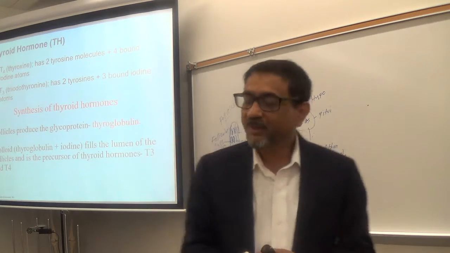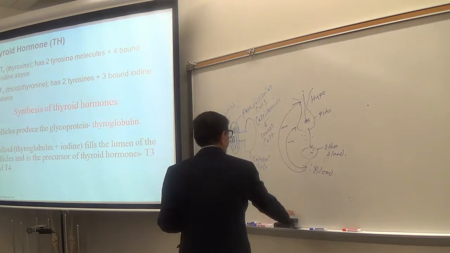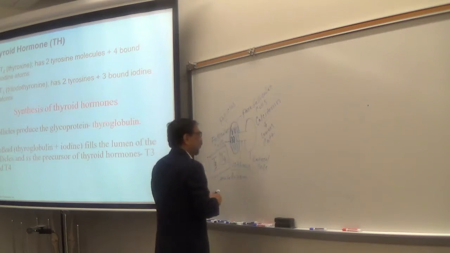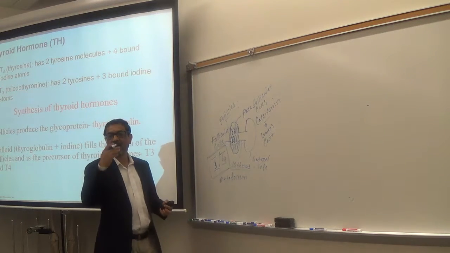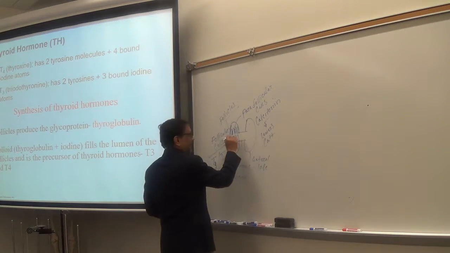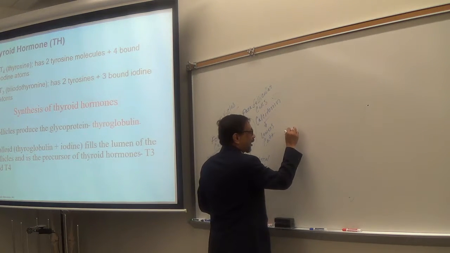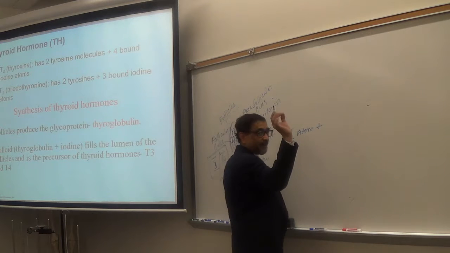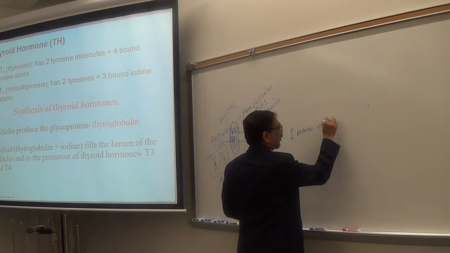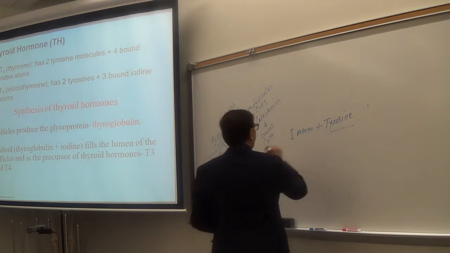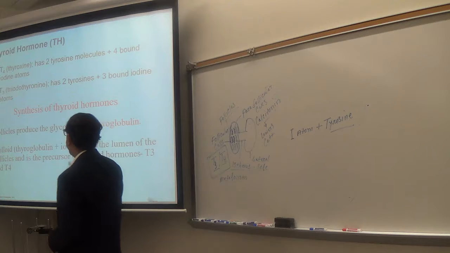Iodine binds with an amino acid. So when you take iodine, iodine enters the body, goes to the thyroid gland, and the iodine atom binds with an amino acid that is called tyrosine. Tyrosine is an amino acid.